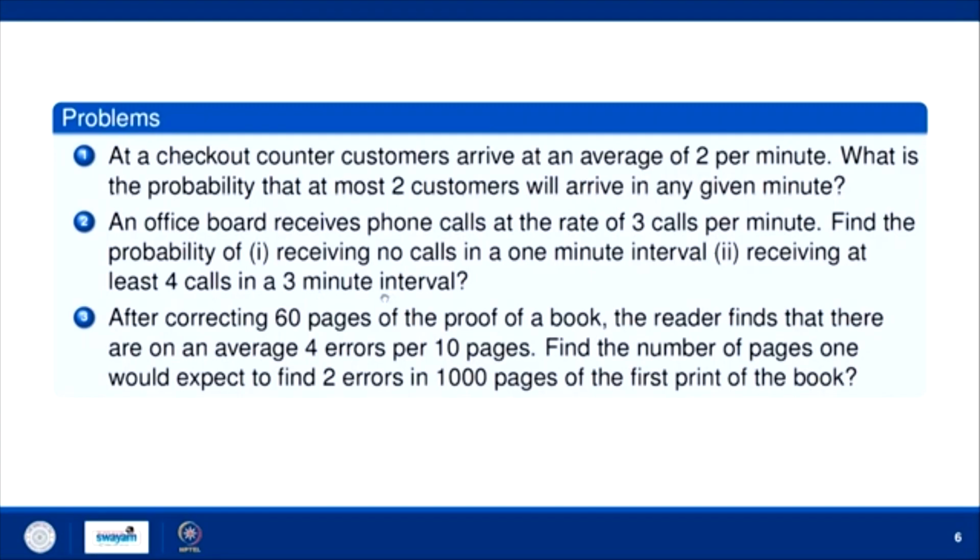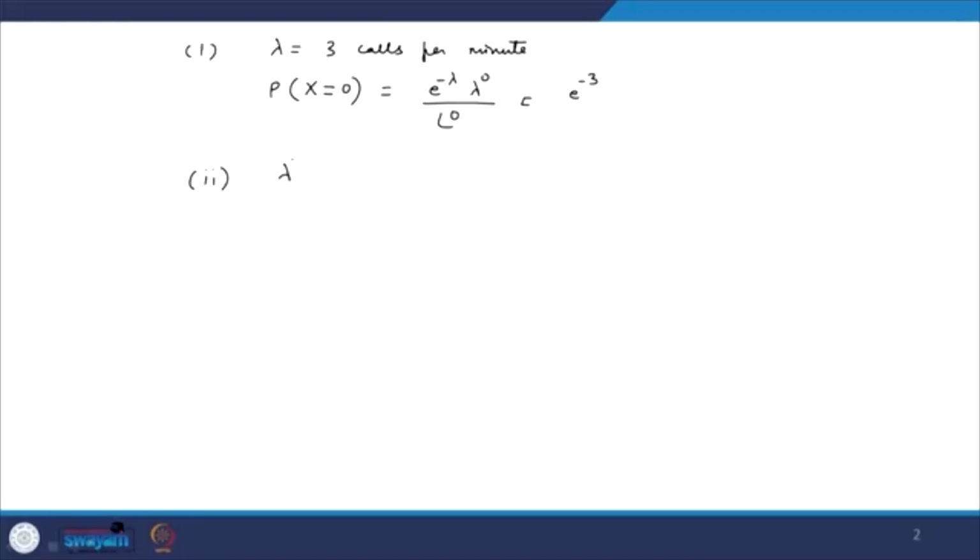So, that means we have to compute a new lambda, which is not in a 1 minute interval, it is now in a 3 minute interval. If it is 3 calls for 1 minute, for 3 minutes it will be 9 calls on average. So, for this part lambda dash will be 9 calls per 3 minutes.